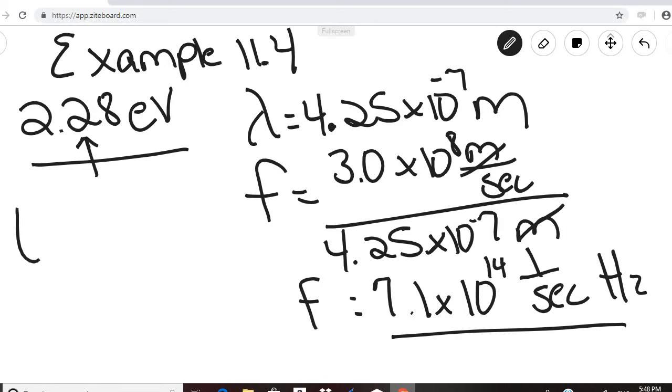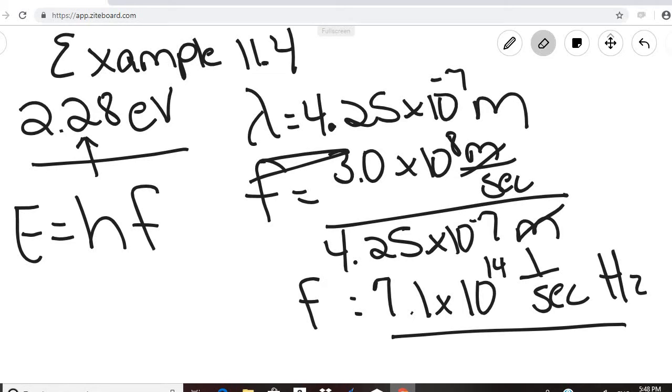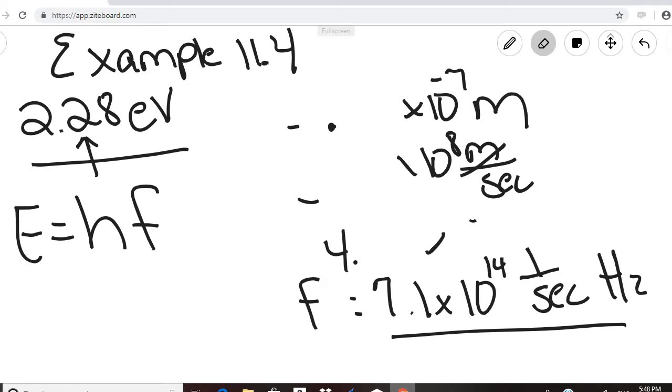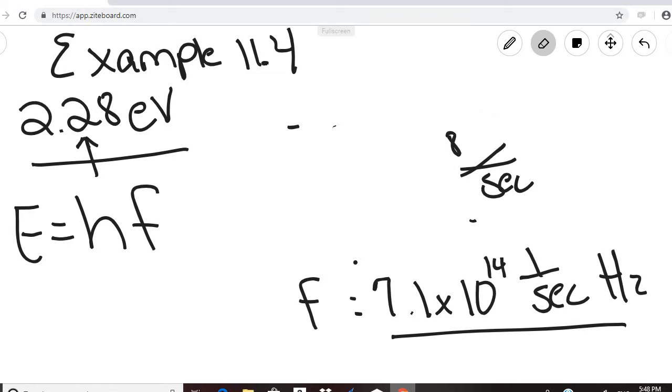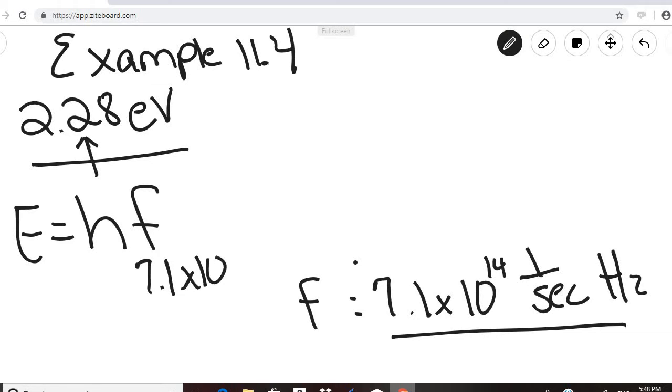Now we can figure out the energy for this frequency of light. We know that energy is equal to Planck's constant times the frequency. The frequency of that wavelength of light is 7.1 times 10 to the 14, 1 over seconds.